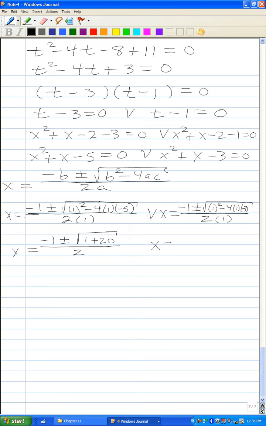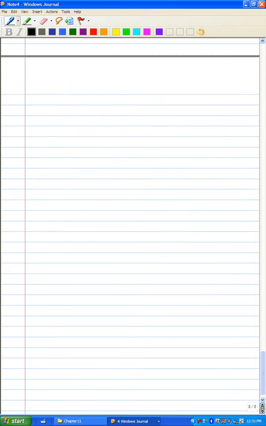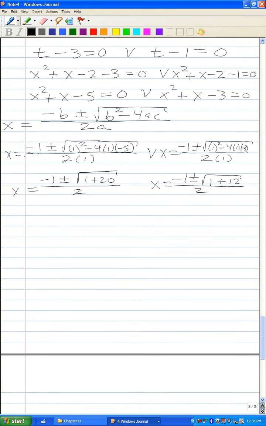So x is equal to negative 1 plus or minus the square root of 1 plus 12 over 2. So x is equal to negative 1 plus or minus the square root of 21 over 2.